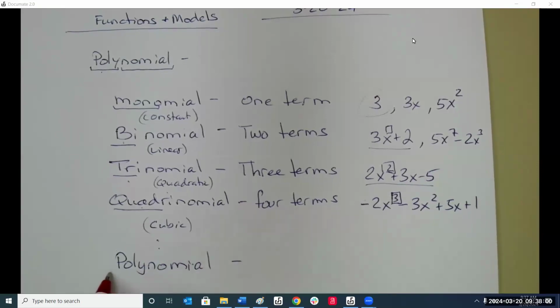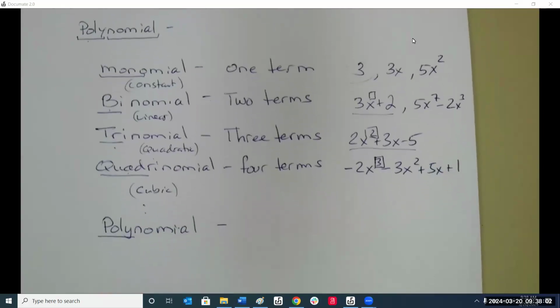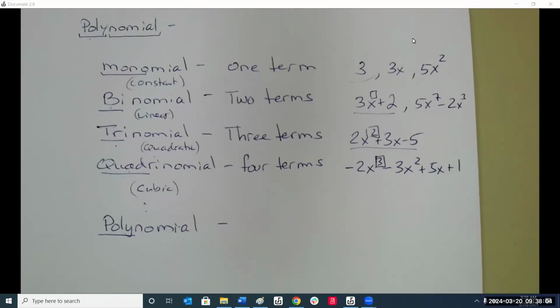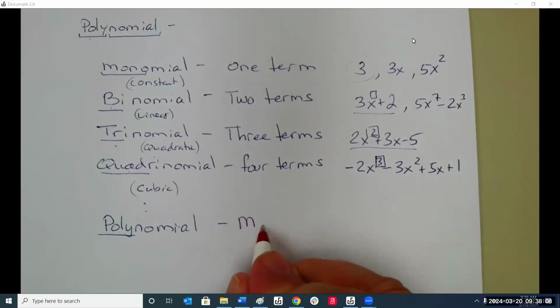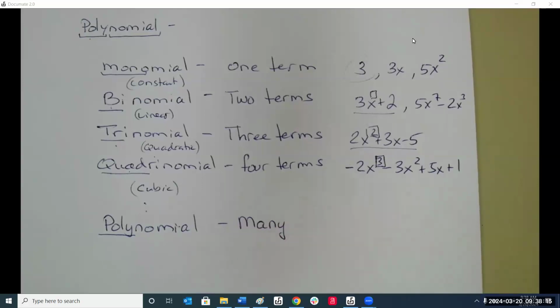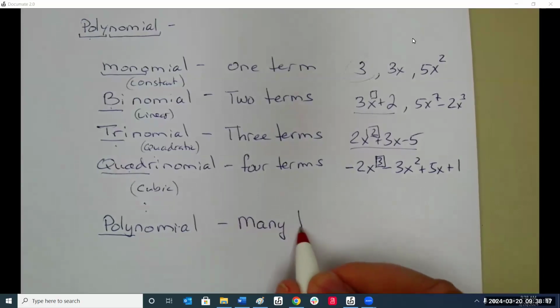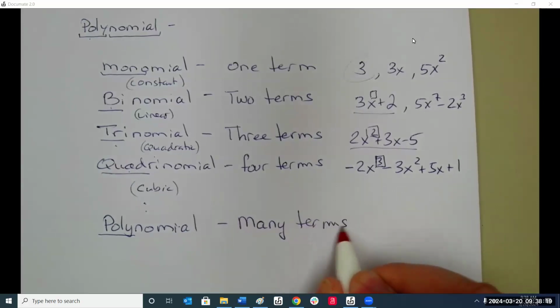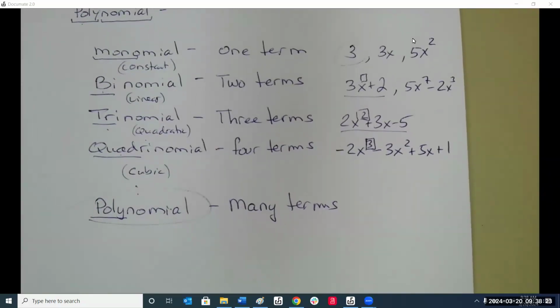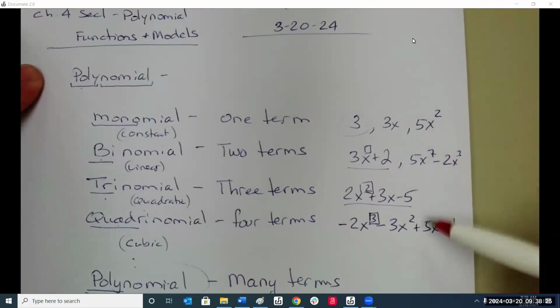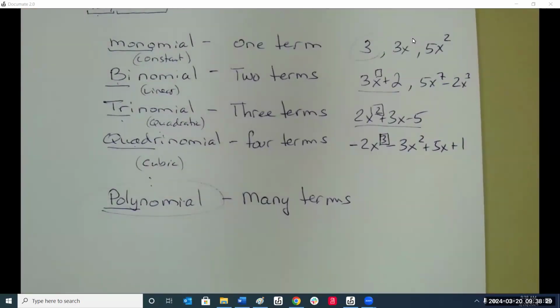a polynomial, what does poly mean? Many. This is just a general term. We say polynomials because all of these are nomials. So we say polynomials.